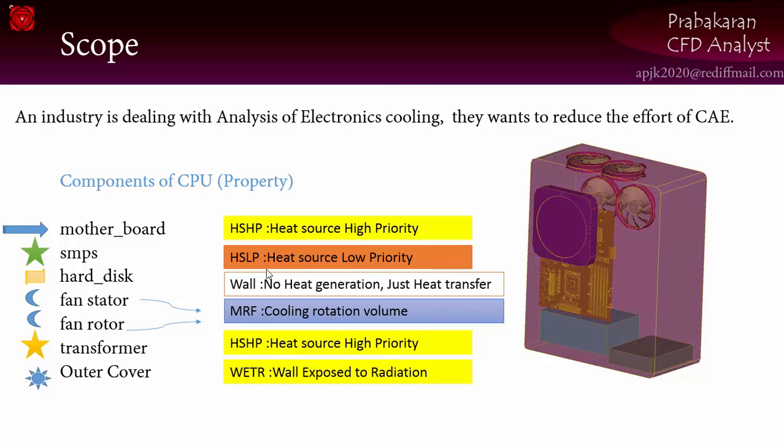However, in my case, I am assuming that the hard disk is not generating any heat, it is just absorbing, and it is in the atmosphere, so it may do heat transfer with the atmosphere. So this is the case that I am assuming.